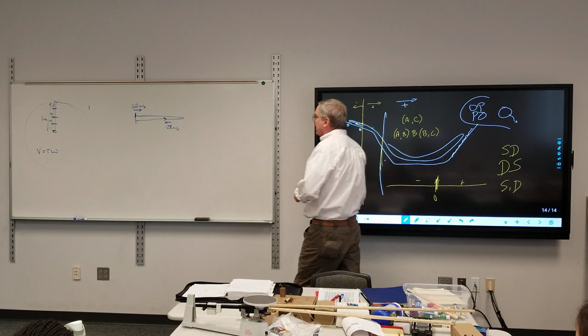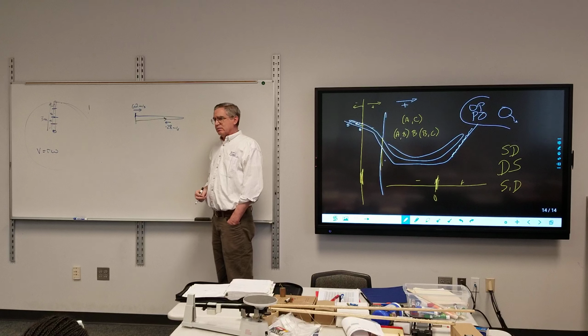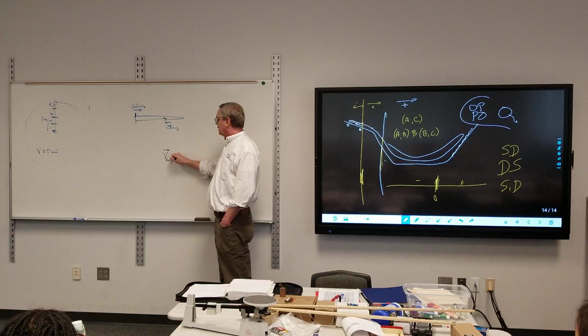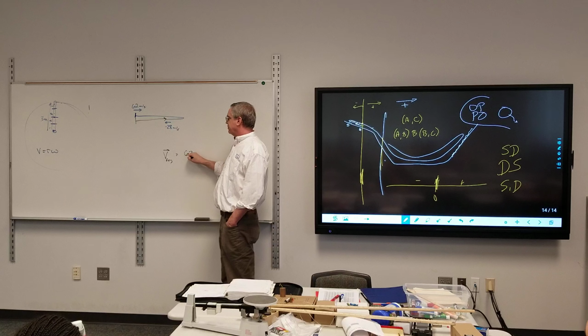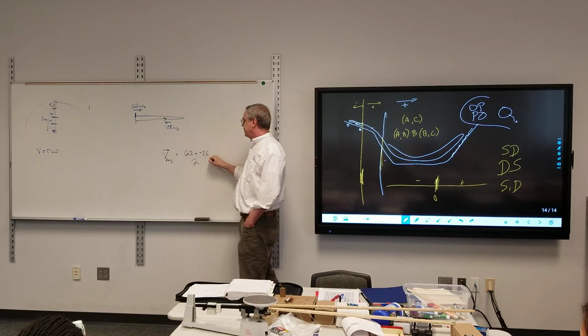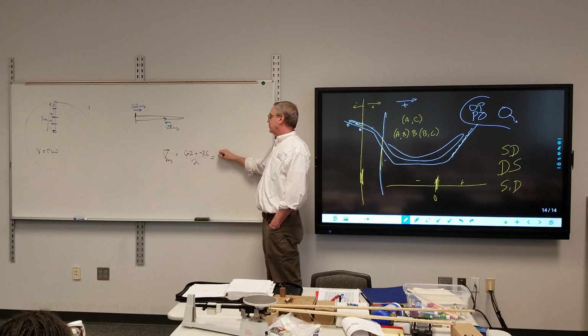If my acceleration is constant, I can find my average velocity by just averaging the beginning and end. 34 over 2, so my average velocity is 17 meters per second.